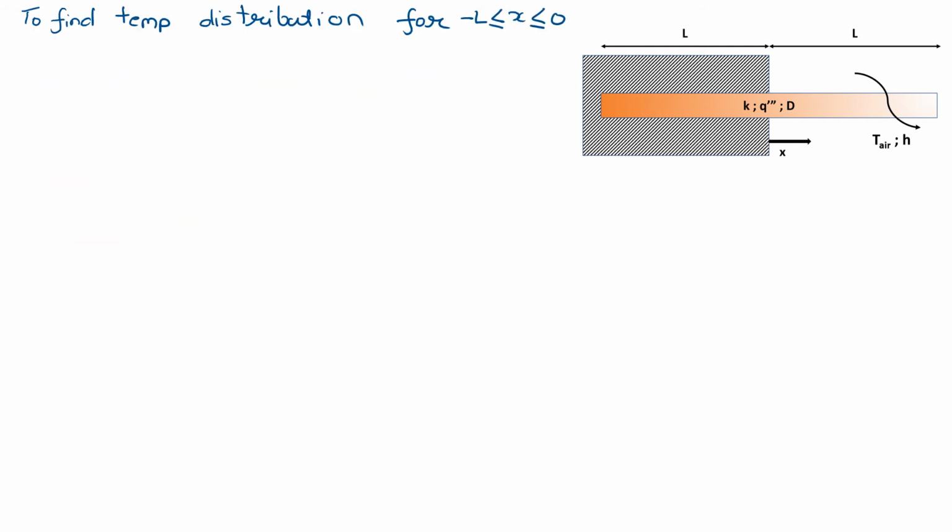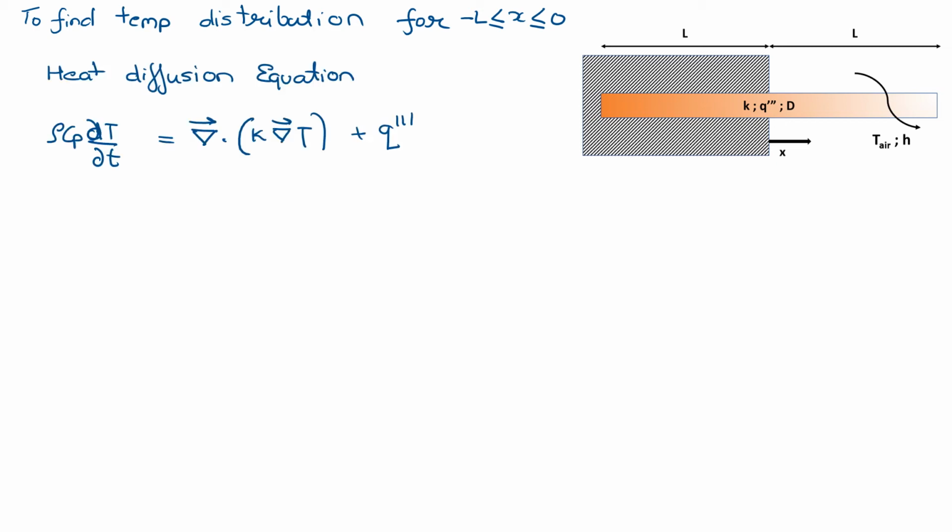Now let's move on to finding the temperature distribution for the portion of the fin or the rod that is inside the insulation. So for doing that, we don't have any equation in table 3.4 that we can use directly here. So we'll start from our heat diffusion equation.